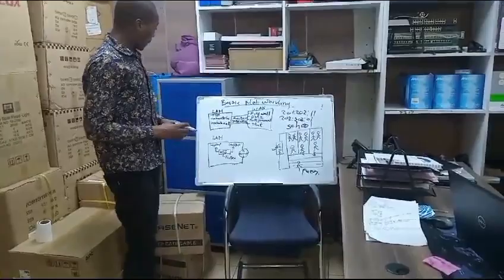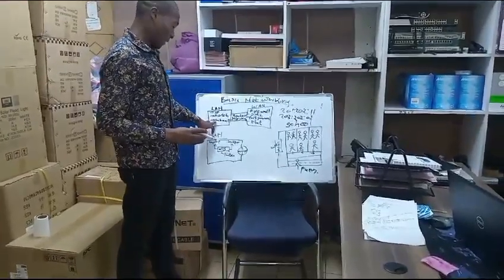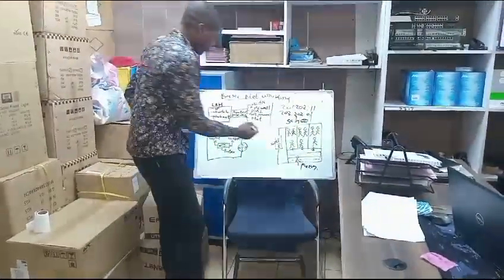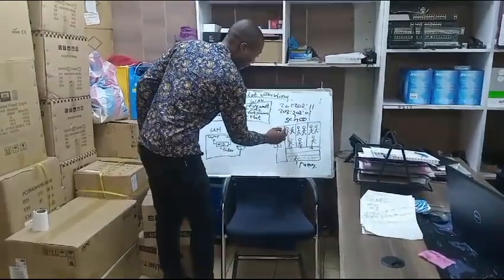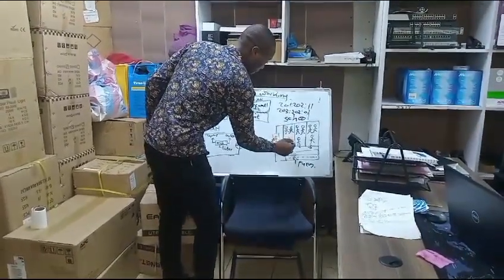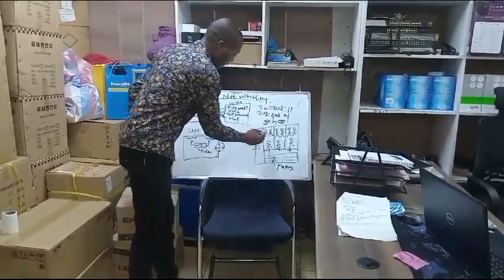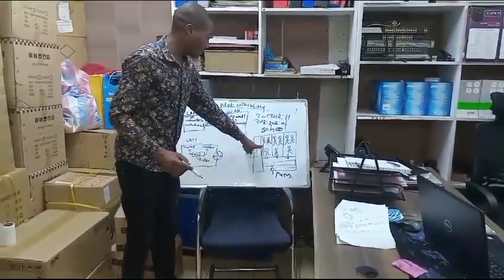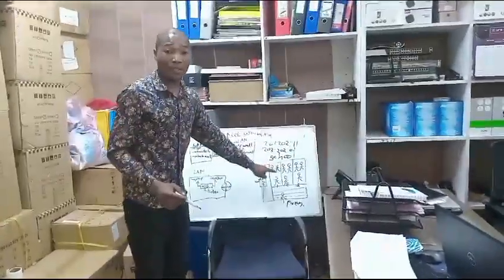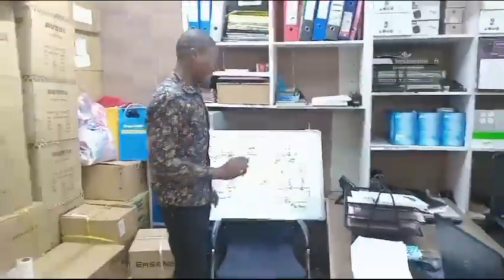And we have what we call a subnet. A pupil from class 1 wants to go and see a person who is outside the school.